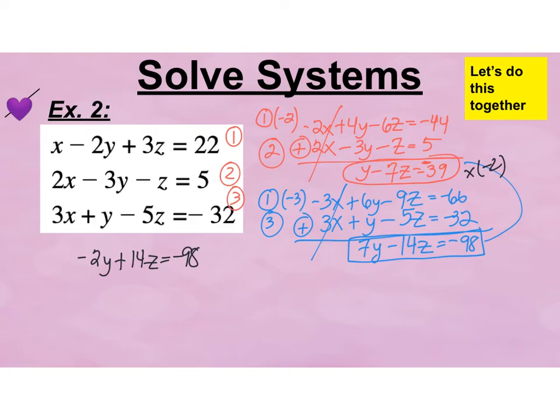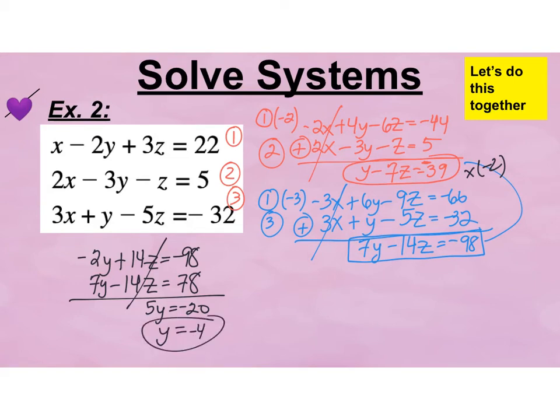And I'm going to keep my second equation the same. Now that I'm looking, oh yeah, that's right. And I'm going to add down. My z's are now eliminated. And I have 5y equals -20 and y equals -4. Phew, took us 3 big steps to get to y.